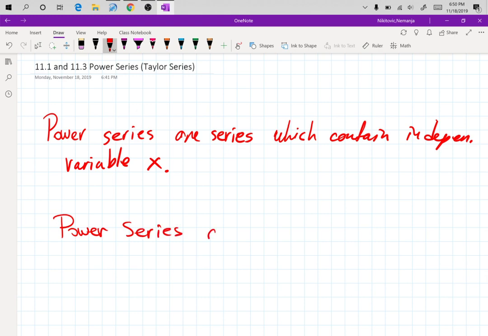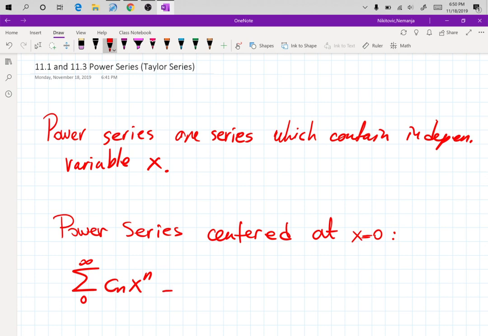Power series centered at x equals 0 look like this. Summation Cn x to the n from 0 to infinity.